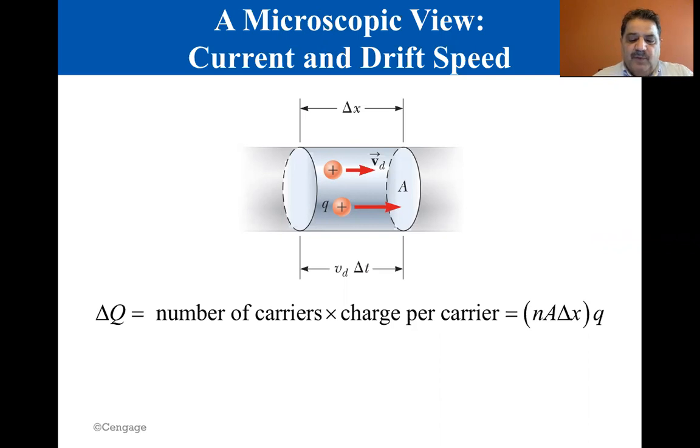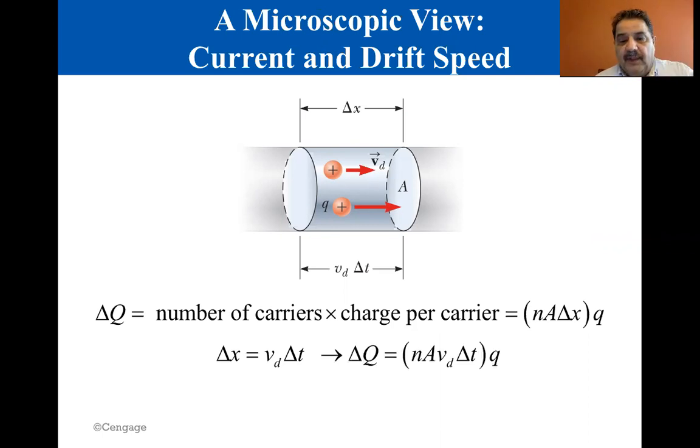If the carriers move with a constant average speed called the drift speed, v sub d, the distance they move in the time interval delta t is given here. Delta x equals v_d delta t. That means we can write delta q as shown.